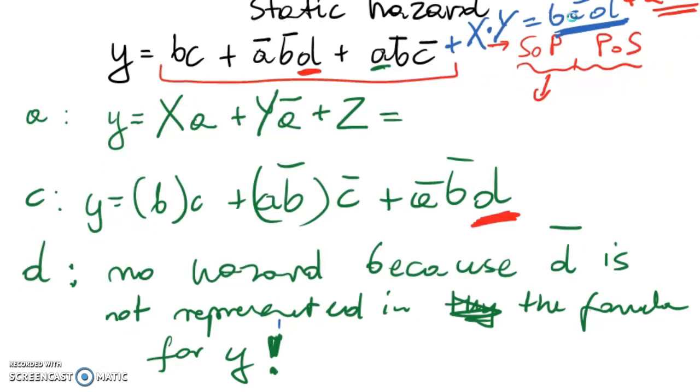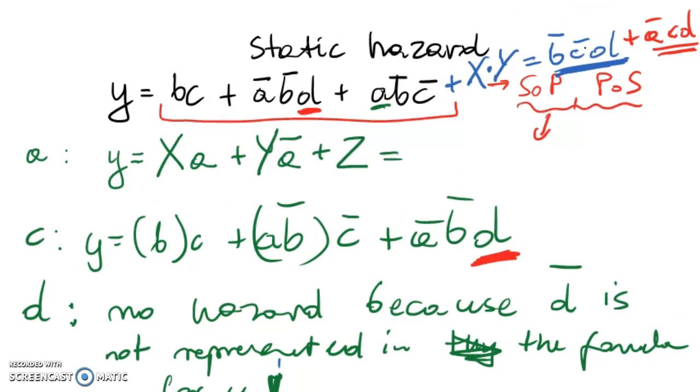And to eliminate static hazard, you must add an additional AND gate to produce this product, and all these products must be added at the output gate, which in this case must have two additional inputs for this element and for the red one. Okay, and Y is the same function but free of hazard.